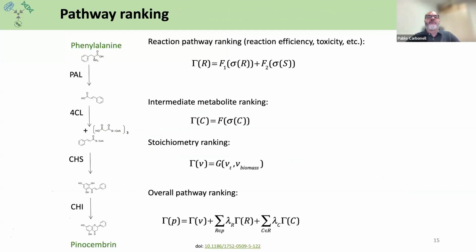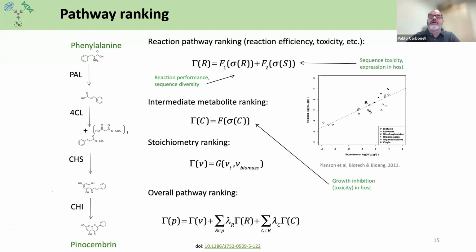So we need some way of ranking the pathways in order to have some estimate of which pathways are going to be more preferential for us to implement. For that, we define a function, like an objective function, that contains multiple criteria that we combine together. Like, for instance, the reaction efficiency, the performance of the enzyme, or also the toxicity of the intermediate metabolites.